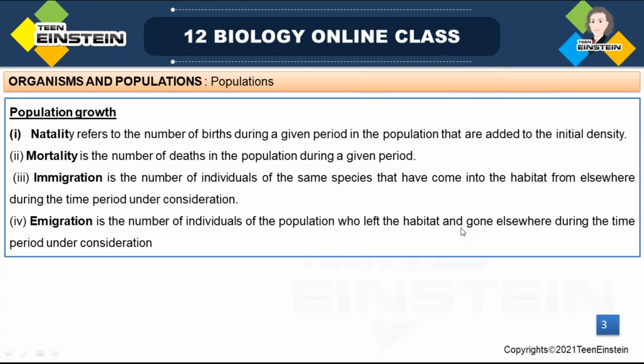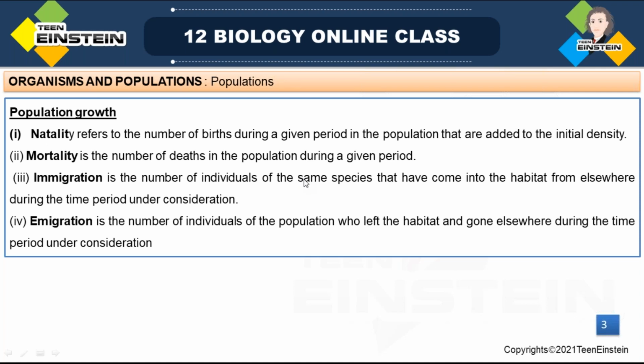So in this particular population, the number of individuals of species X, previously it was 10. Now 20 new birds came. So it became 10 plus 20, 30.